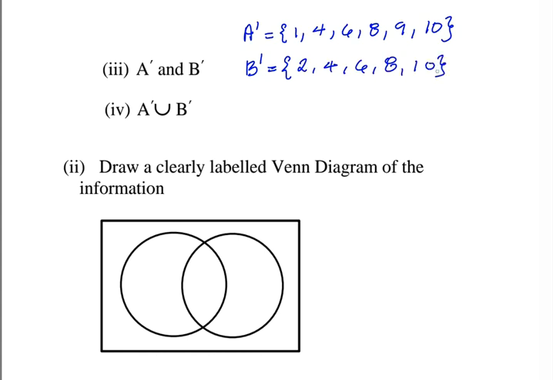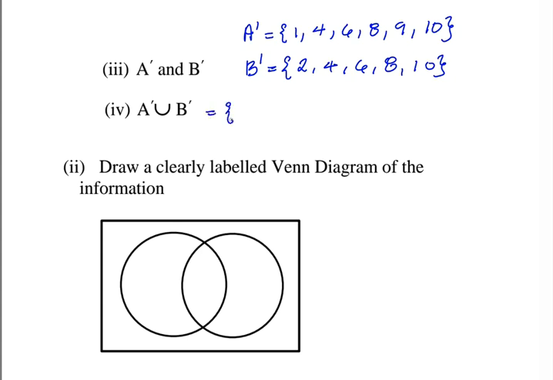So next we are asked to list the elements of A complement union B complement. A complement union B complement would be all elements in A complement and B complement together. All right, so let's list all the elements of A complement and B complement together.